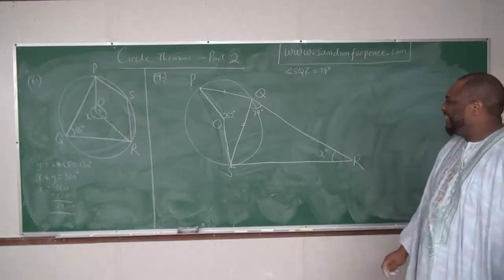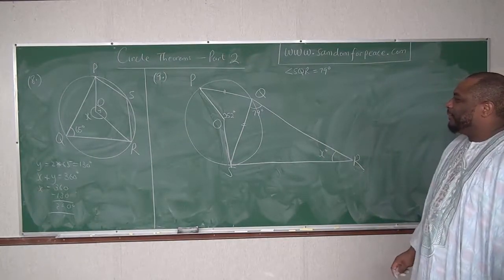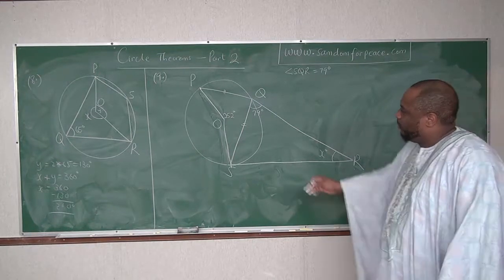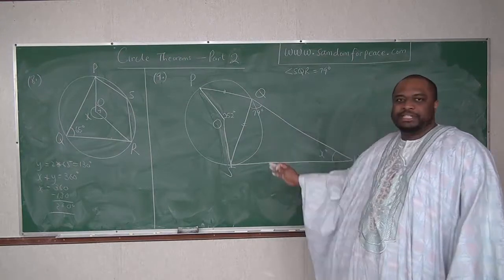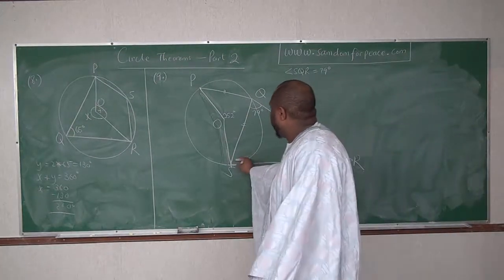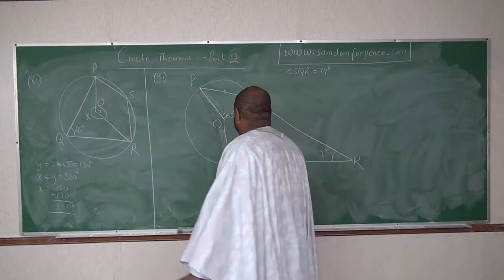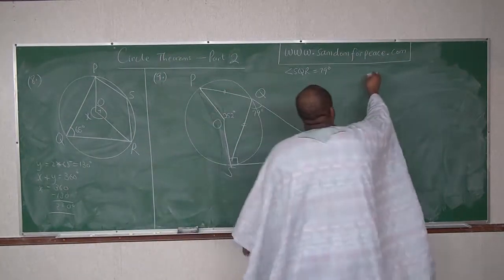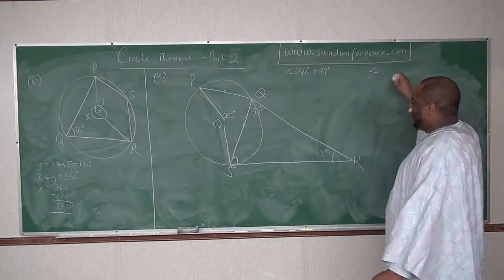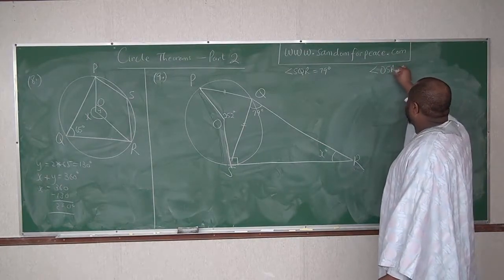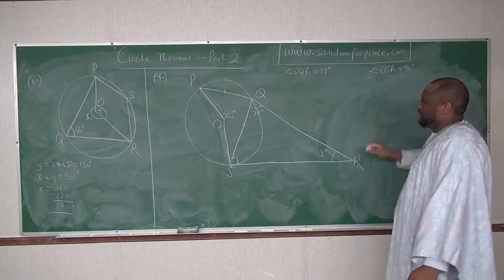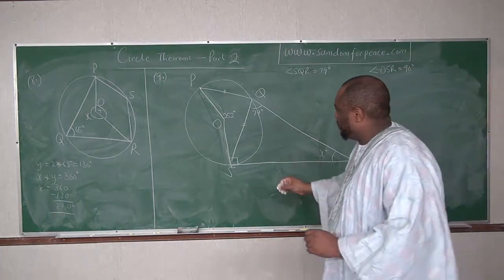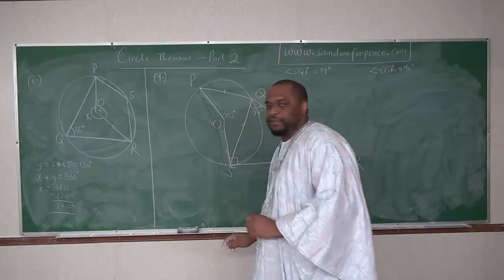Alright. Okay, so can we do something, folks? We are looking at radius and tangent. Here is 90 degrees. Angle OSR is 90 degrees. Reason, radius is perpendicular to tangent at point of contact.